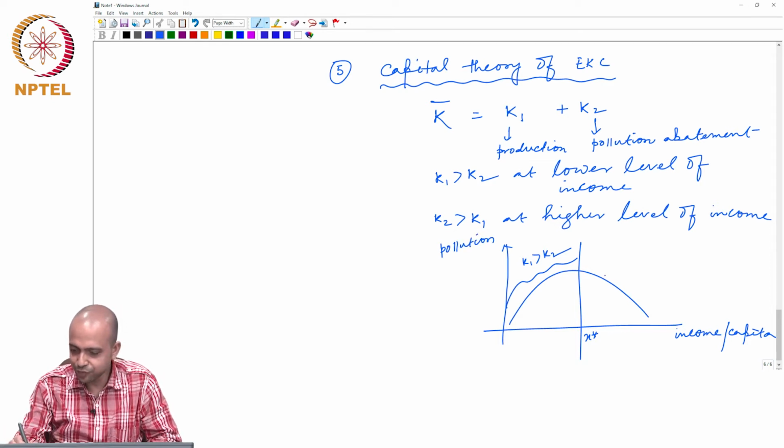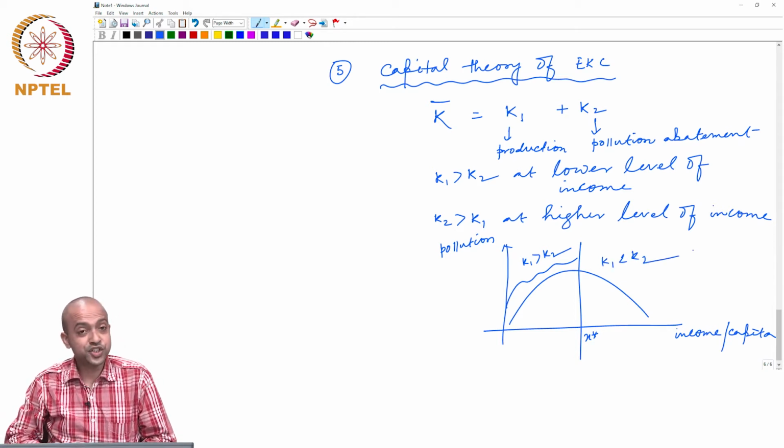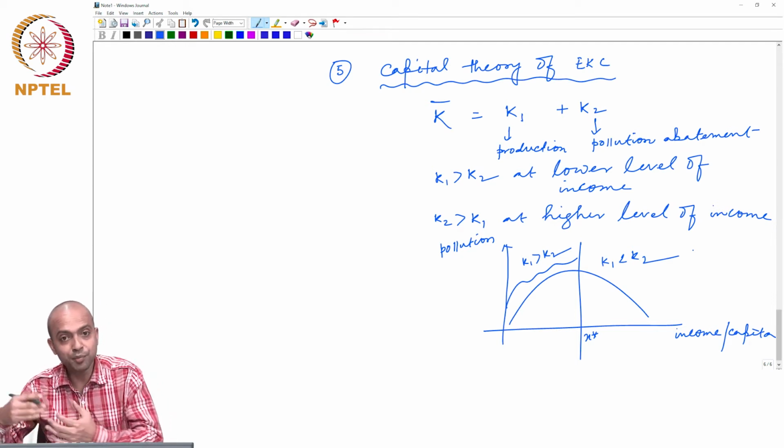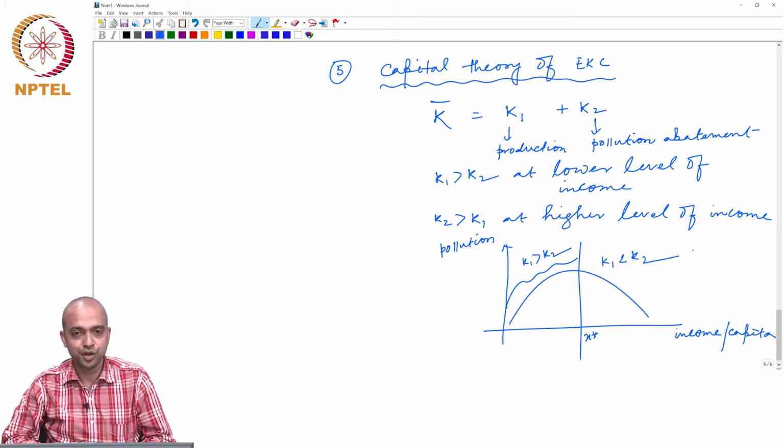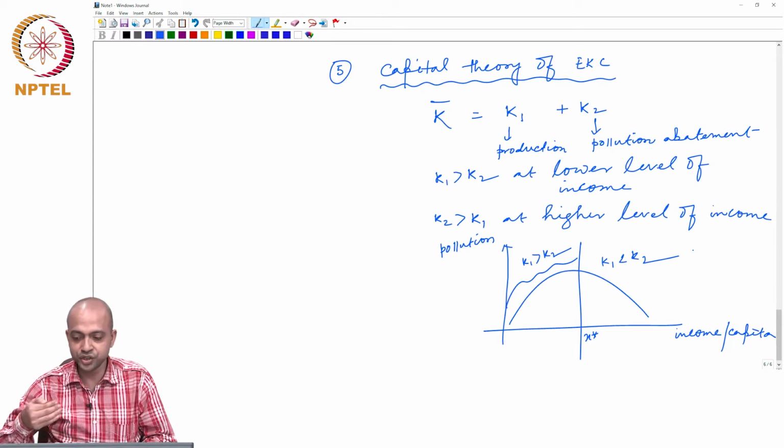And at higher level of income, when people start caring about environment, then more capital is allocated for pollution abatement, less is for production, because the marginal return from pollution abatement is higher at a higher level of income, which is very true, because environment is after all a luxury good.